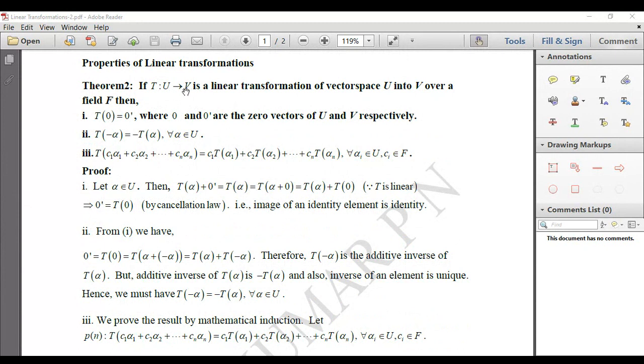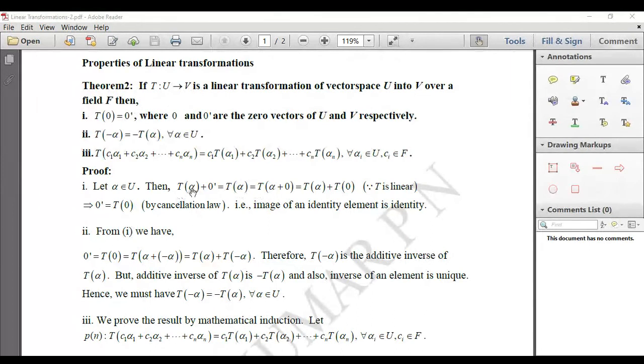Therefore, it is an abelian group under addition. If it is an abelian group under addition, it satisfies the identity law under addition also. What is that identity law? Take any element of V, add it with the 0 element, then the resulting answer will be that element itself.